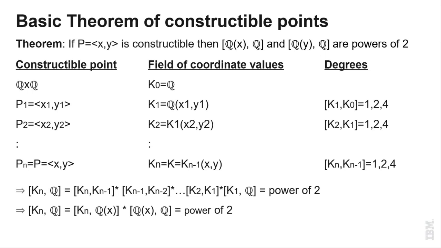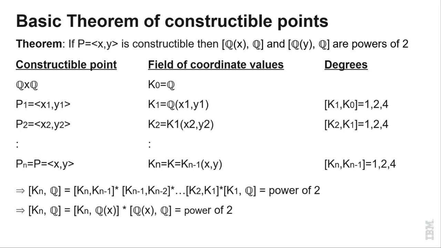Okay, I'm just rewriting the same equation again. So Kn over Q, again by the Tower law, instead of taking all the steps on the way, I can just do it in one hop. I go from Q, I just add one value, the x coordinate of the final point. And then from Q adjoined x, I go all the way to Kn, similarly to what we did here.